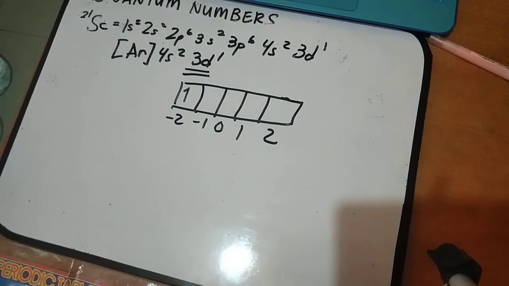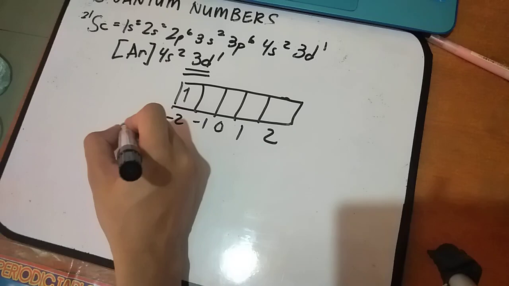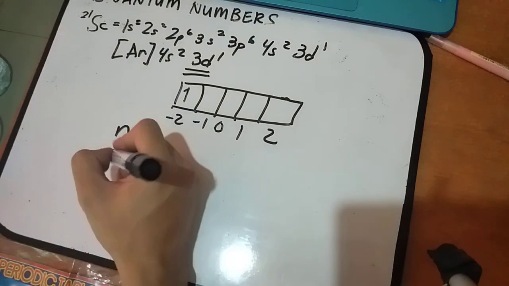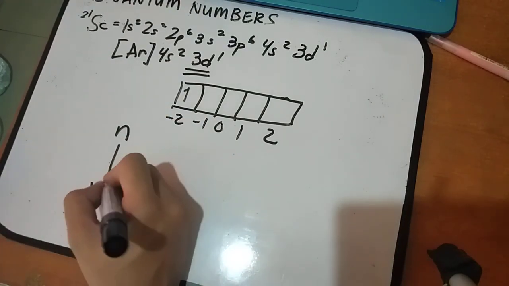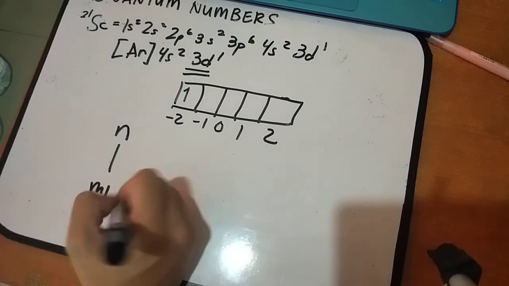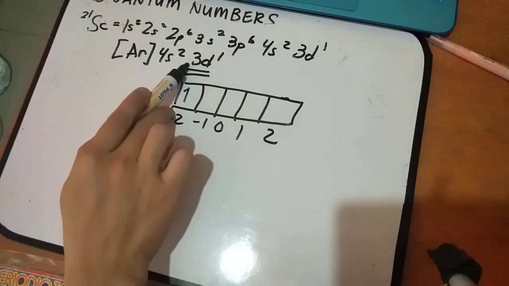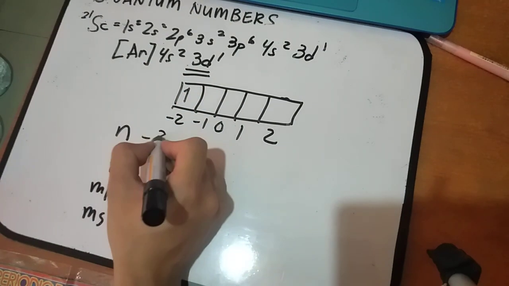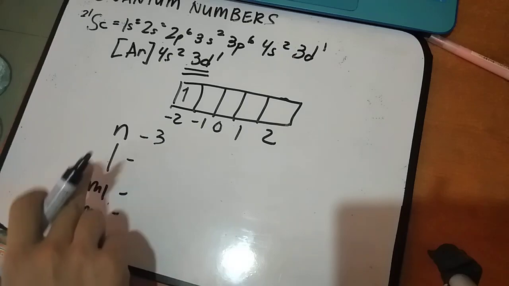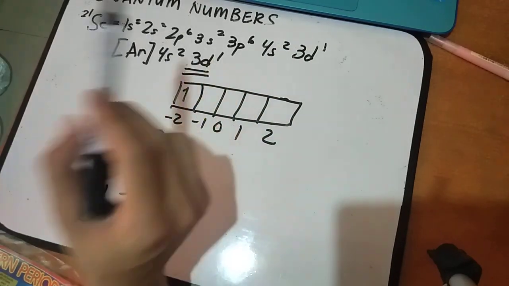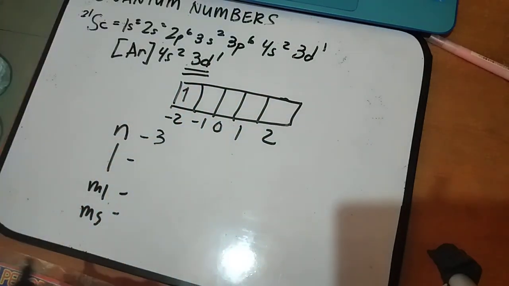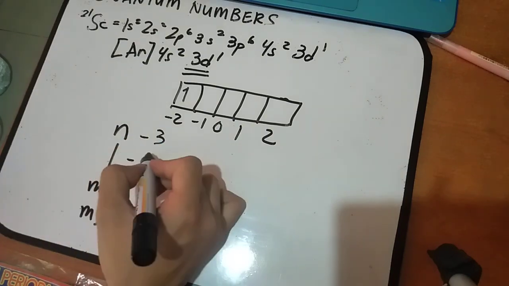Okay, tingnan na natin yung quantum numbers na ito para mabilis. So, N, L, ML, MS. Okay. So, N. Ano yung N natin? Last, which is 3. L, D, which means the value would be 2.